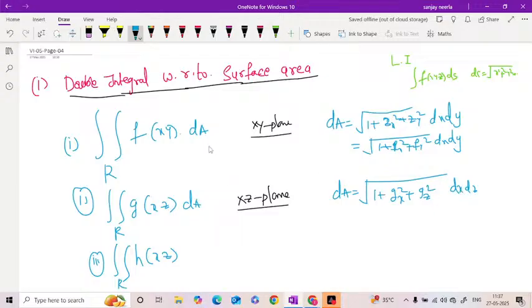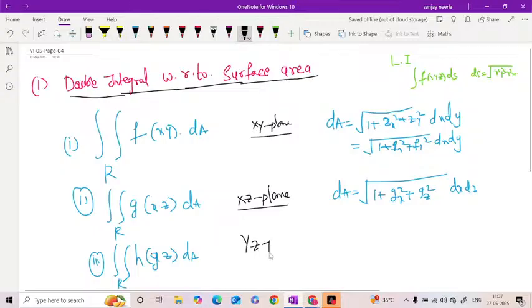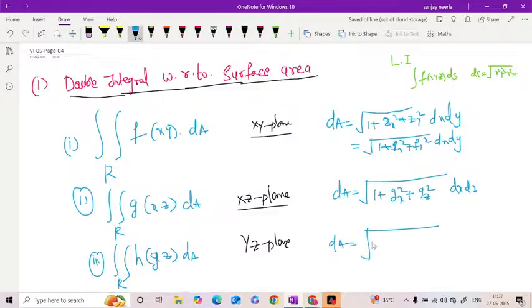Similarly, h is a function of x comma z into dA; this one is related to the yz plane, y is missing, so yz plane. Now here the dA is under root of 1 plus hy square plus hz square dy into dz.